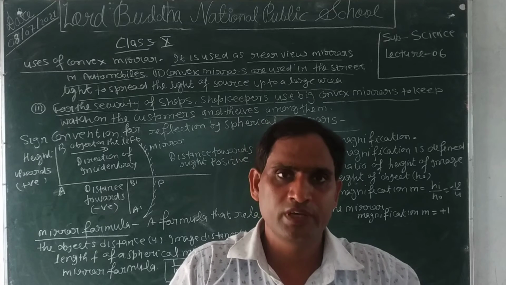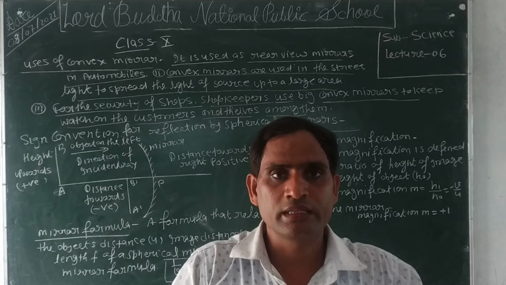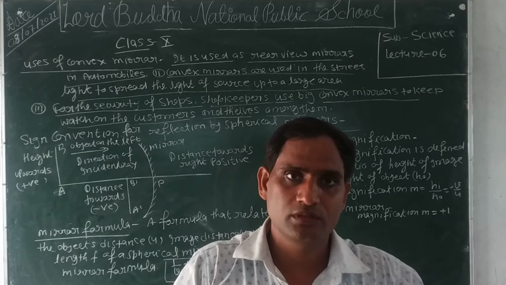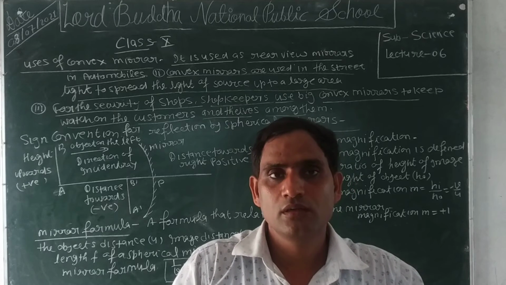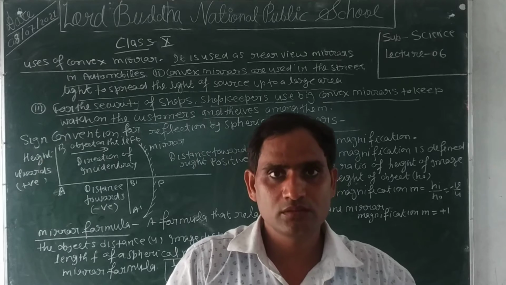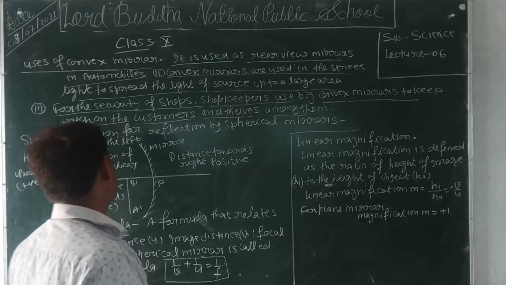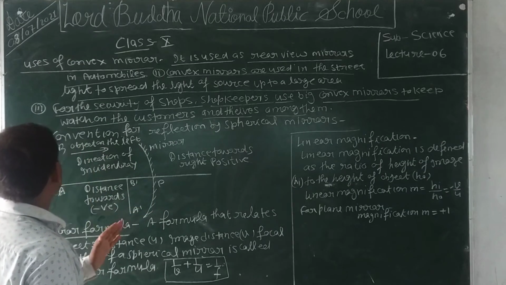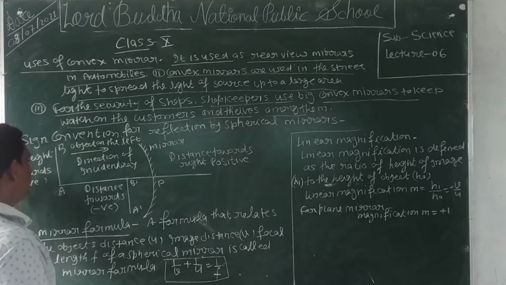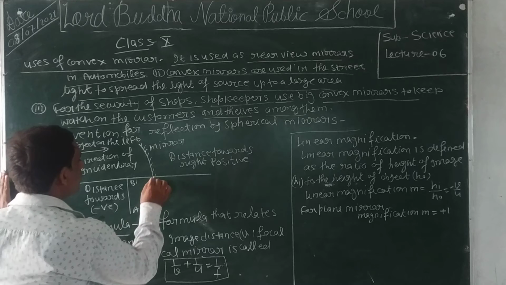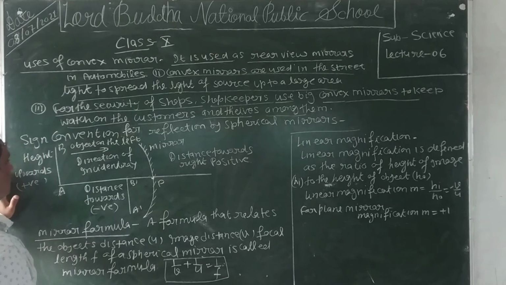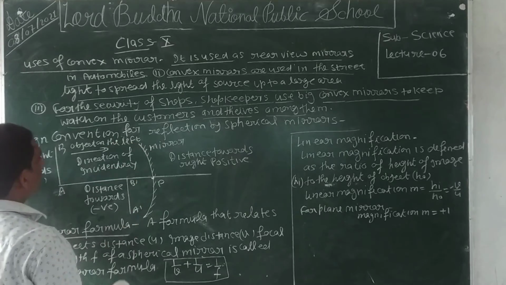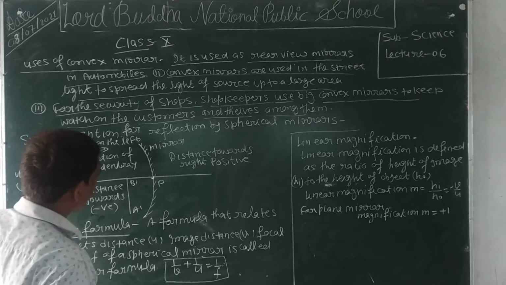The mirror may be convex or concave towards the left. In the example, we take the concave mirror. This is our mirror. The object will always be present to the left of the mirror, and we take the pole as origin. It means the light falls on the mirror always from the left.